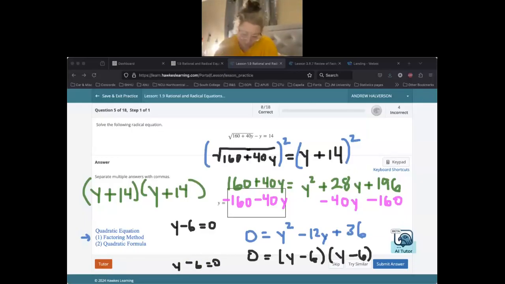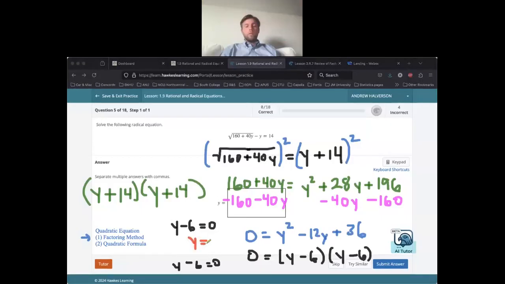So that gives us what? The final answers become y equals 6, and then this one is also y equals 6. It's the same one. We call that a double root, or a repeated root. It's the same value twice as the solution.